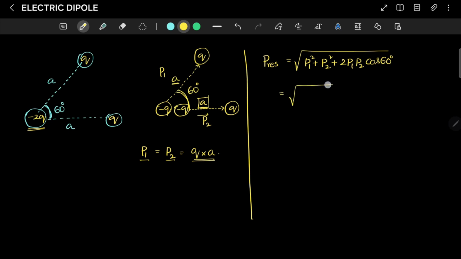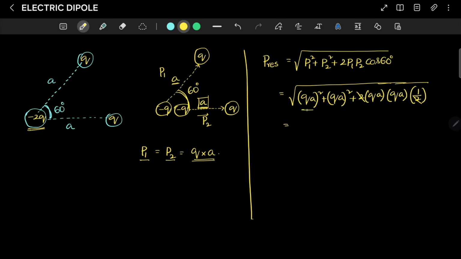So it will be equal to root over (QA)² plus (QA)² plus 2 QA into QA, cos 60 is 1 by 2, so 2 and 2 get cancelled.